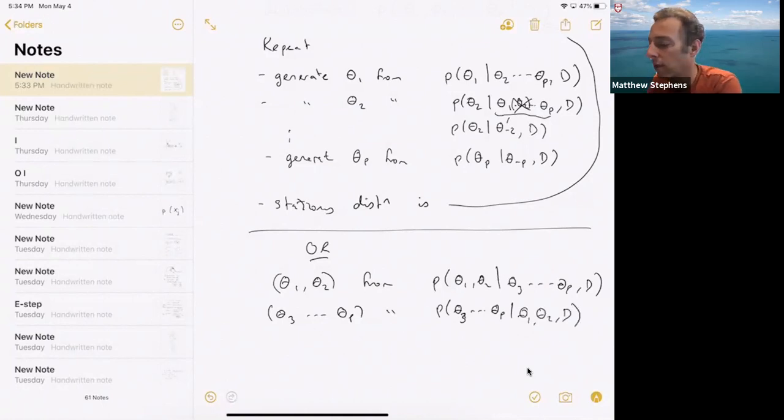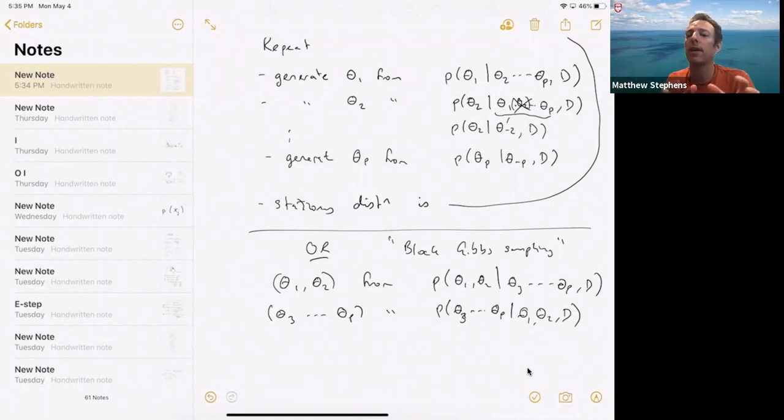This is called block Gibbs sampling. Each theta could be a vector; it doesn't have to be a scalar. You don't have to use a univariate distribution at each step. You can use a joint distribution.